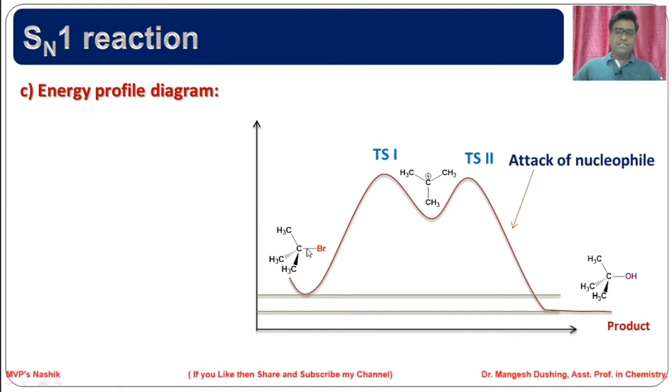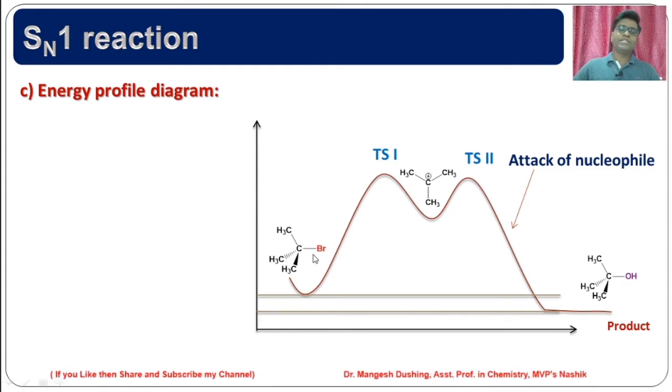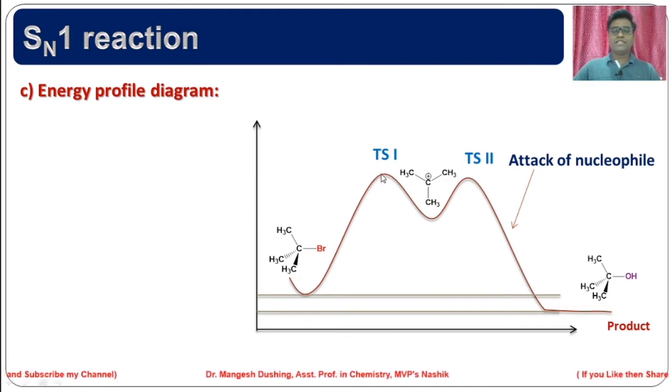As soon as this C-Br bond becomes polar, polarity increases, breaking of this C-Br bond starts, and the energy of the molecule rises. So, at this transition state, there is maximum polarization of the tertiary butyl group and bromide group. So, there will be the maximum energy.